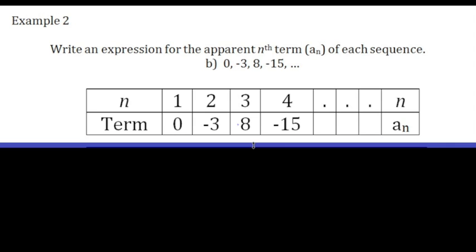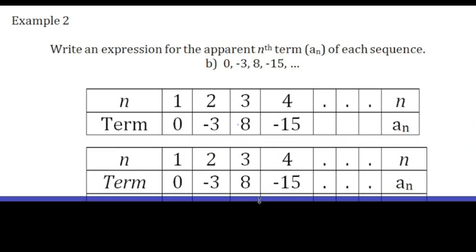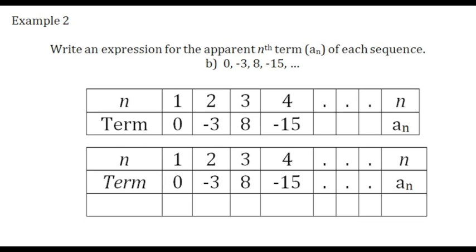Okay, so obviously I can't do anything right there. It doesn't appear to be. So let's add our extra row in there and think about what we want to do here. If I multiply by 2, 2, 4, 6, 8, if I just try what we did before, I can see that there still doesn't appear to be any relation from 2 to 0, 4 to 3, 6 to 8 at all.